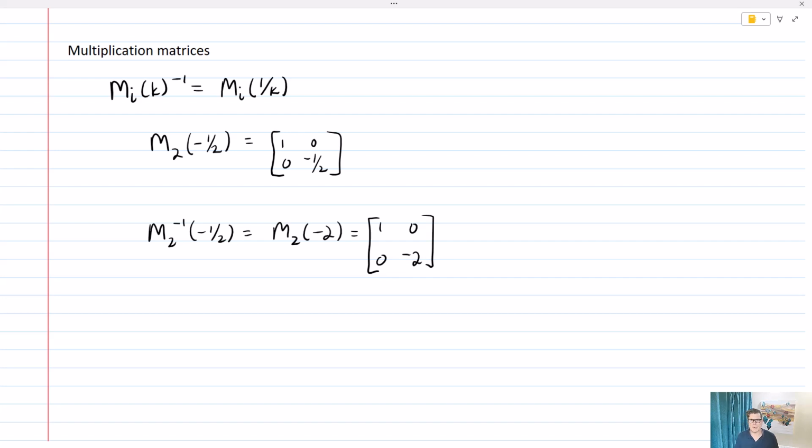Go ahead and do that multiplication. You're going to see that you get back the identity again. So what will we do? We'll take the multiplicative inverse of k, 1 over k, and place that into the row that we used for our original matrix. So no change there.